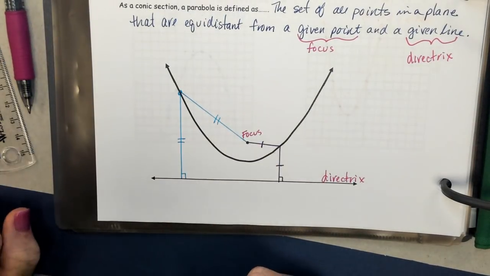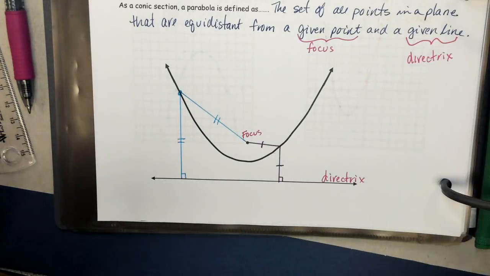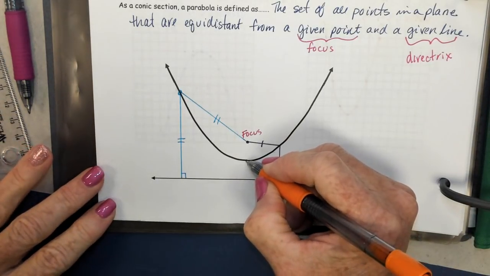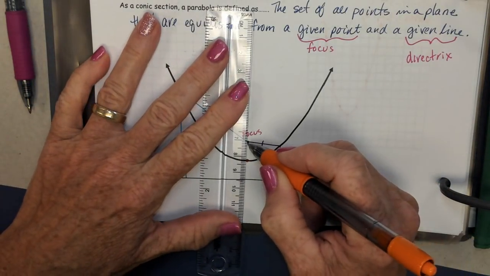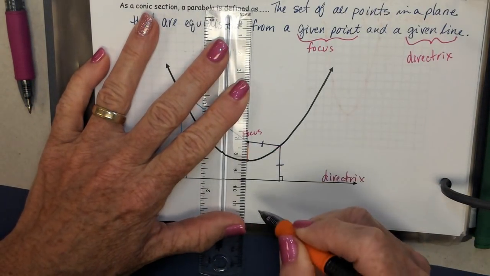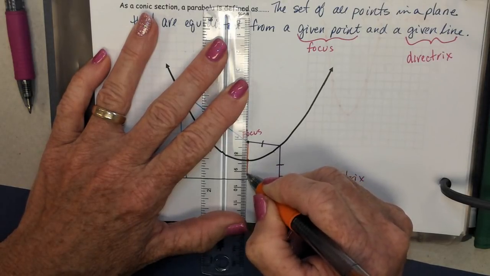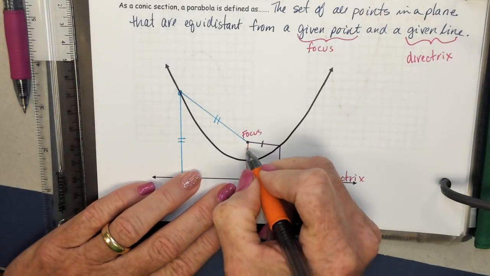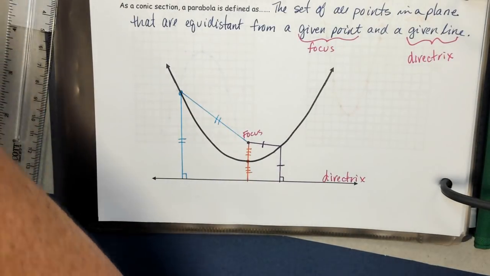Those two are the same. Any point on this parabola. Let's choose, how about this one, the vertex right there. From the focus to that vertex, and from that vertex to the directrix, those distances are exactly the same.